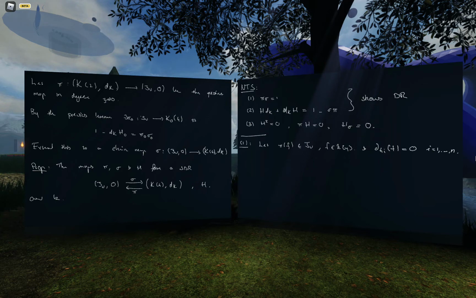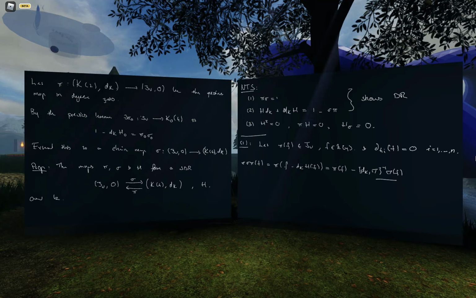Well, in that case, we just compute. So we compute pi sigma pi of F. Well, that is the same as pi of F minus dk h of F. Right. So I guess that's probably an extra step there. Minus dk. Now this thing is 0 by our choice of F. So this comes out as pi of F. So this proves 1.